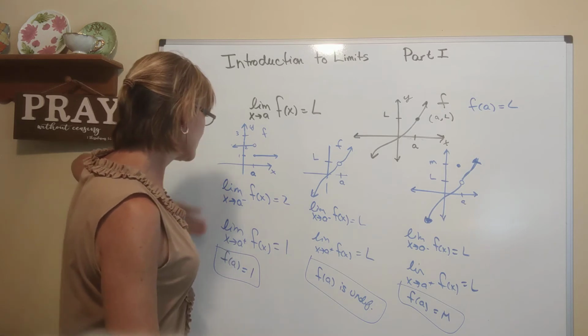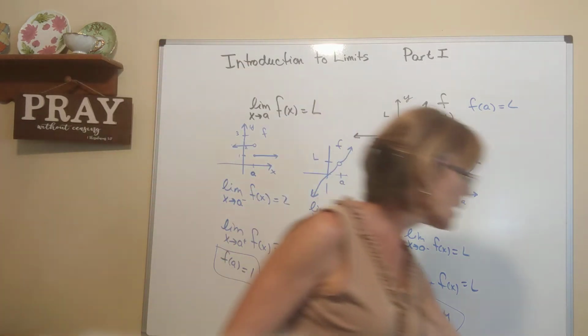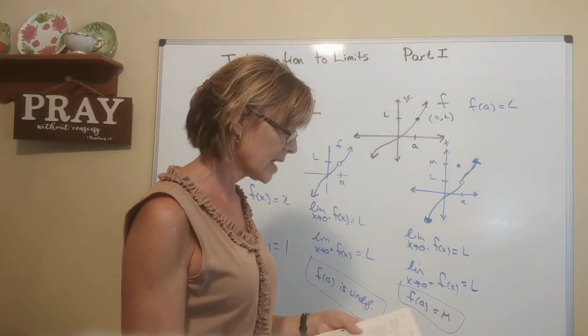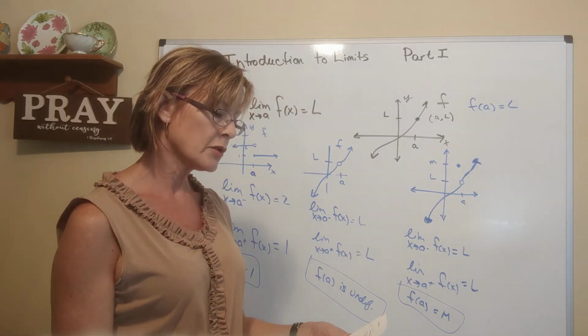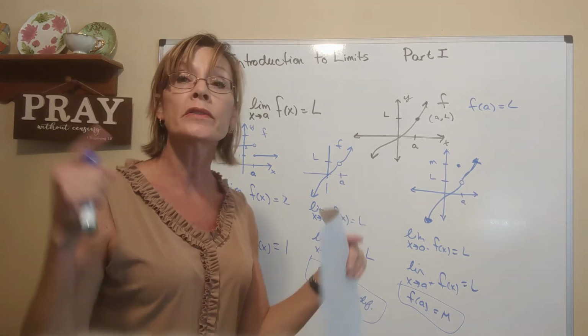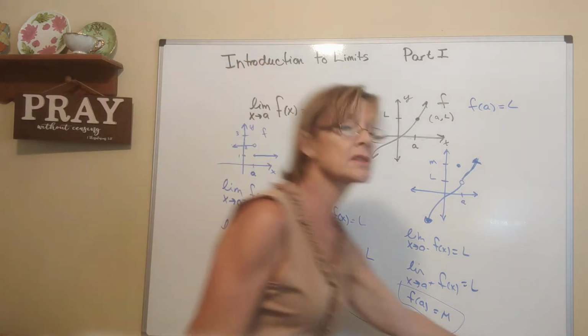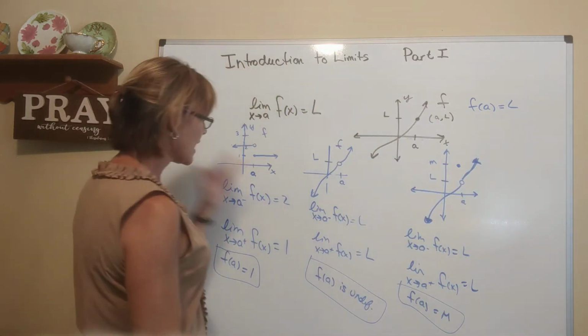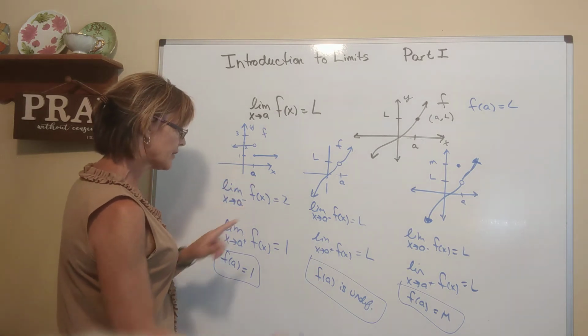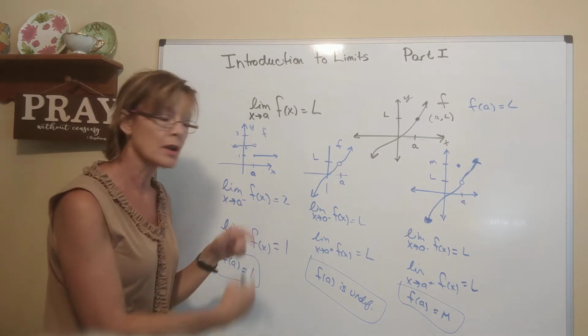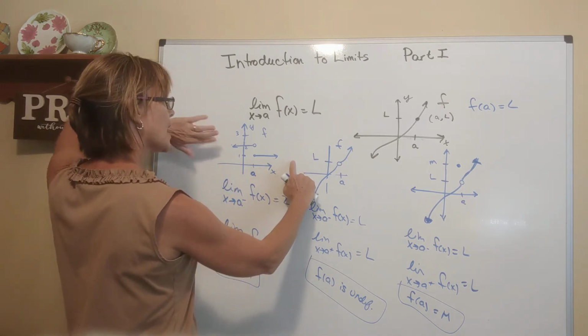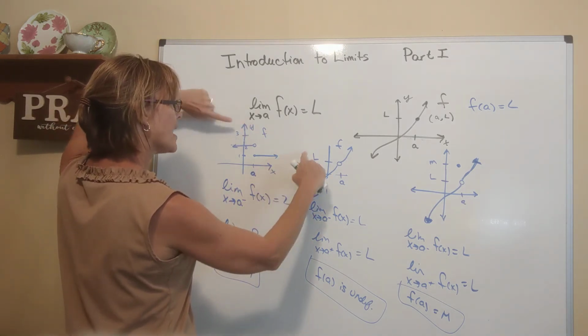Now, for a limit to exist, if you look at the top part of this definition on the sheet, it says, as x assumes values closer and closer to a on both sides of a. For a limit to exist, the left-sided limit and the right-sided limit have to be the same number. So right here, as I get close to a from the left and from the right, I am not agreeing.